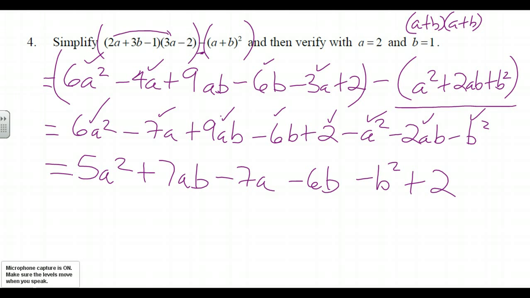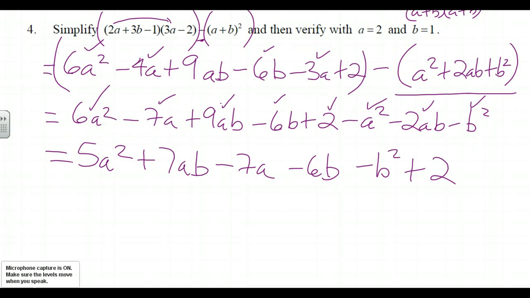I'm not even going to ask if it's right, because if it's wrong, the verification should point out that I made a mistake. So if I made a mistake, don't tell me. Let me find it for myself. That's the whole point of the verify: if we substitute values in, then this and this should give me the same thing.